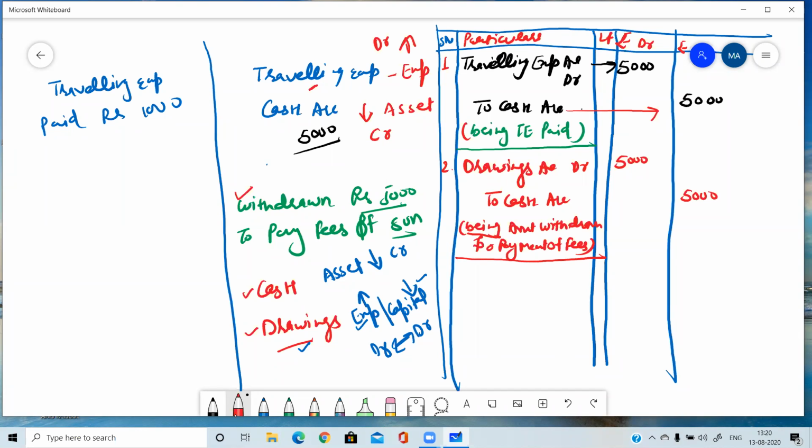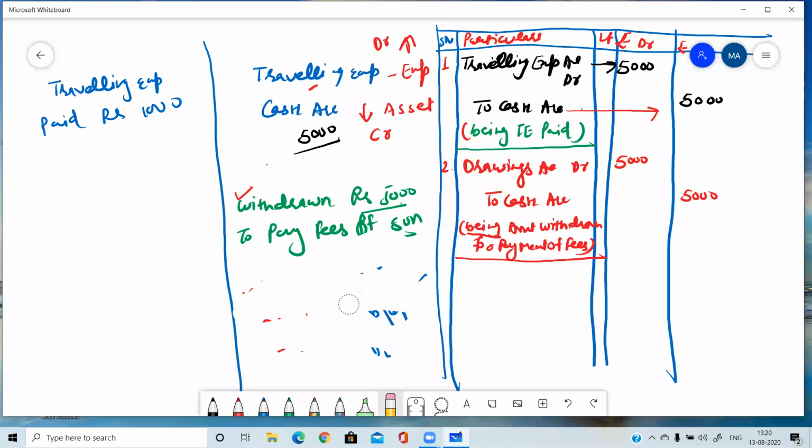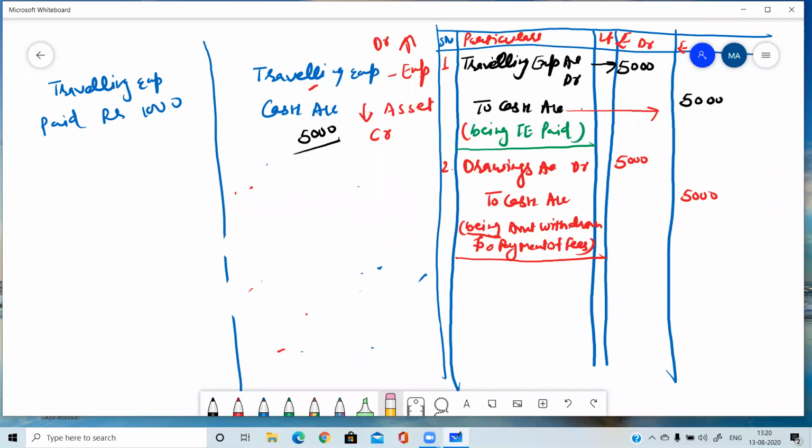Okay. Now the third transaction. Yes, write down the third transaction. The third transaction is being goods returned by Mohan of rupees 3,000.